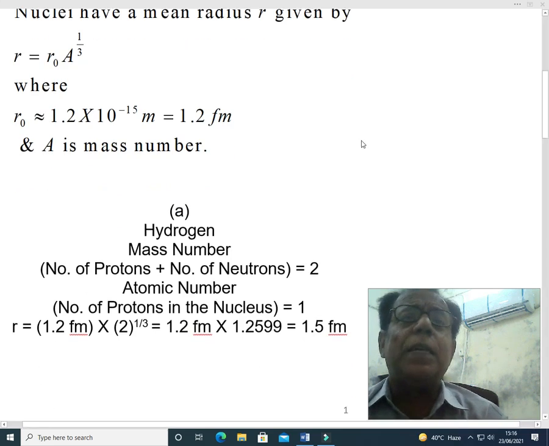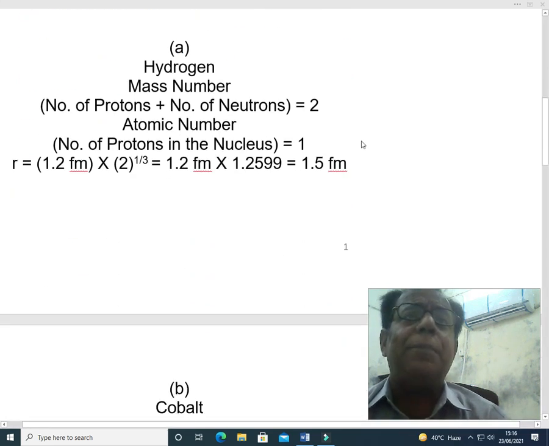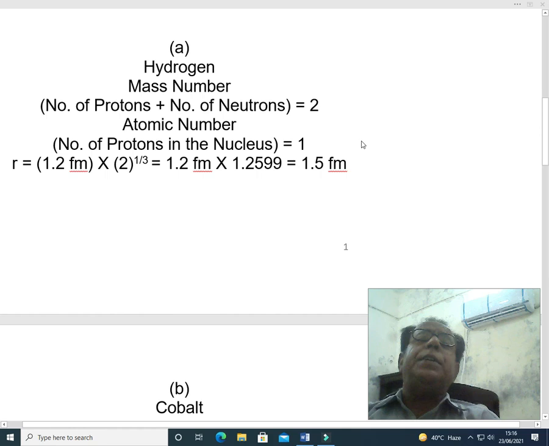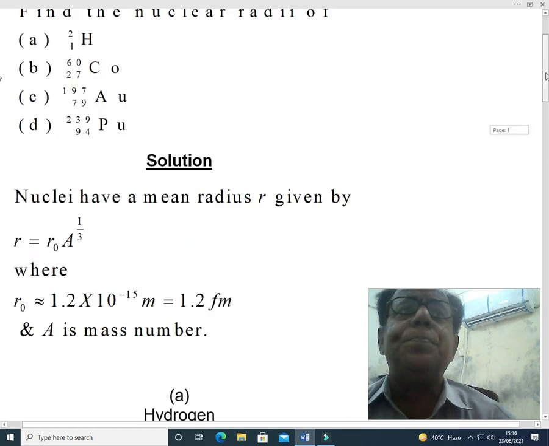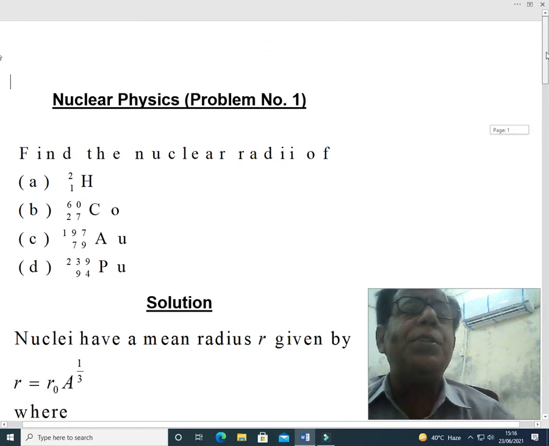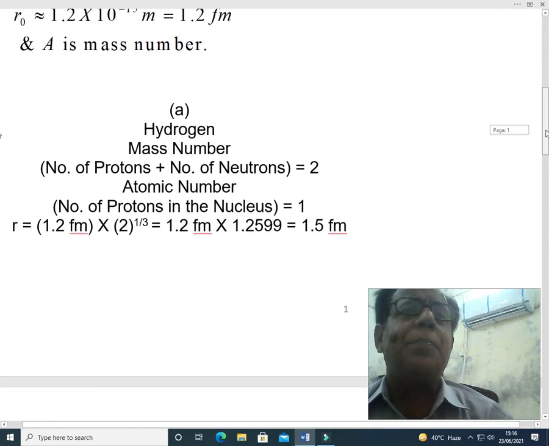Now we first come towards part A, which relates to hydrogen. Hydrogen, dear students, is written as hydrogen 2 1, with 2 on the upper left hand side and 1 on the lower left hand side.